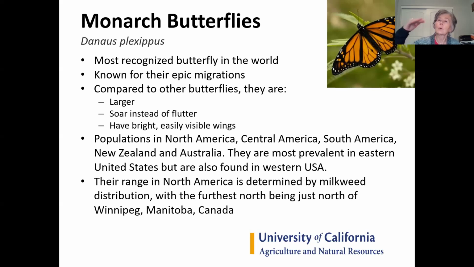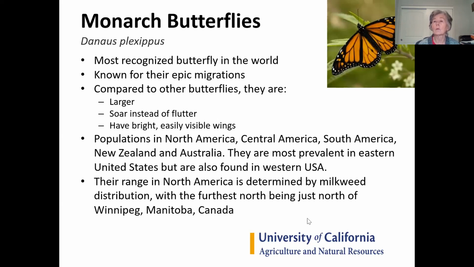They tend to soar instead of fluttering, and they have very bright, easily visible wings. There are populations all over the world, including North America, Central America, South America, New Zealand, and Australia. They're much more prevalent in eastern United States, but are also found in the western United States, and we will be talking more about that later.